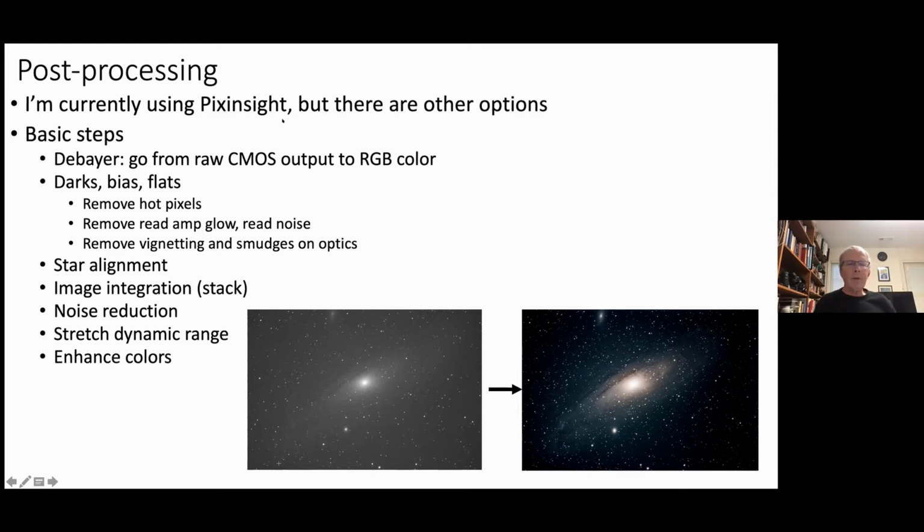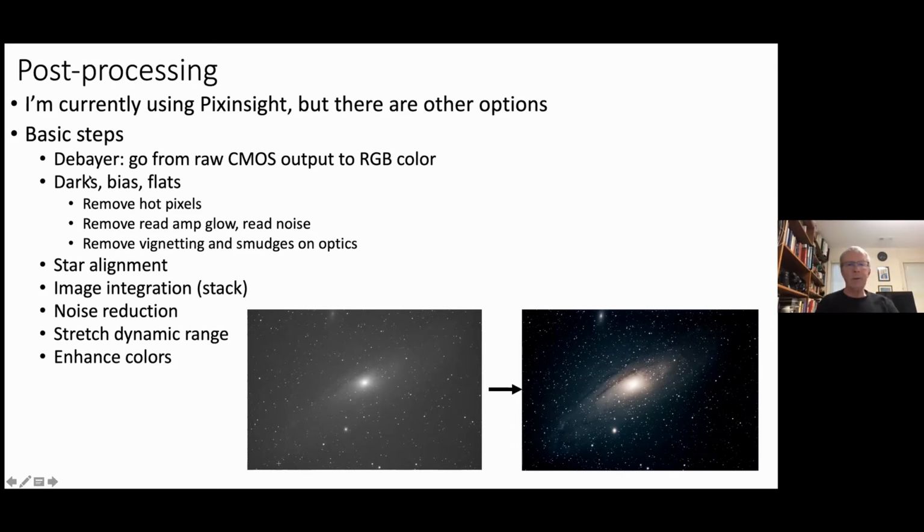So the basic steps here, you go from the CMOS output, which is just in what they call the debayered format. And so you debayer to go to the color image. And then if you want to be careful about it, you take darks, bias frames, and flats.